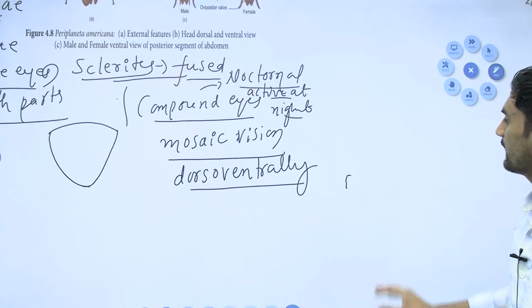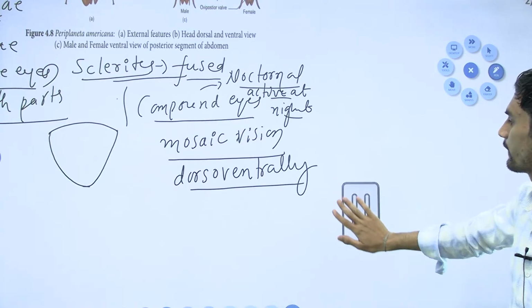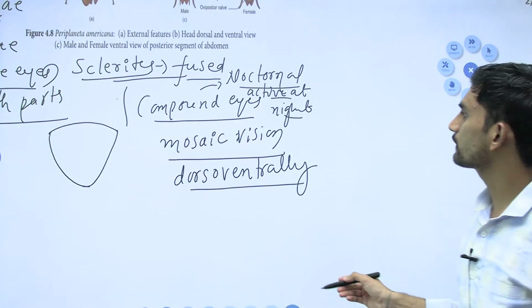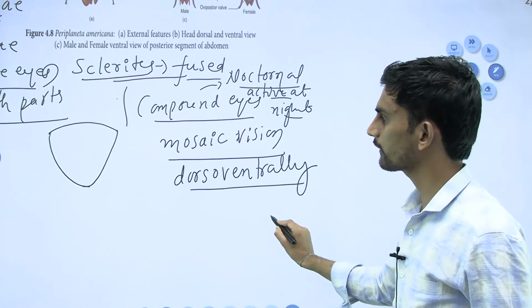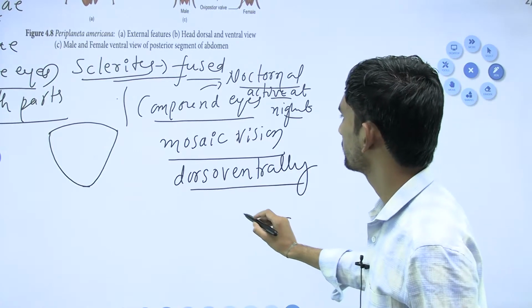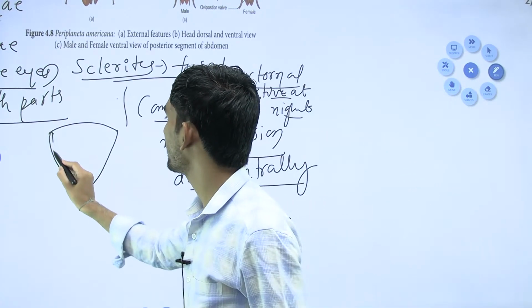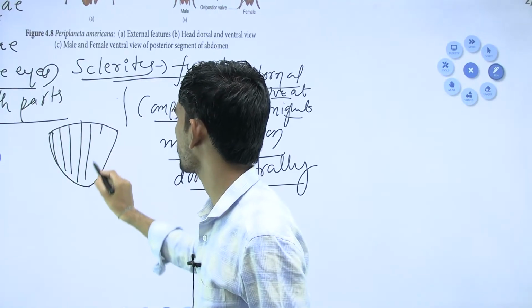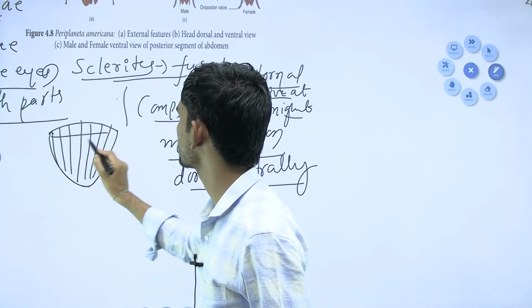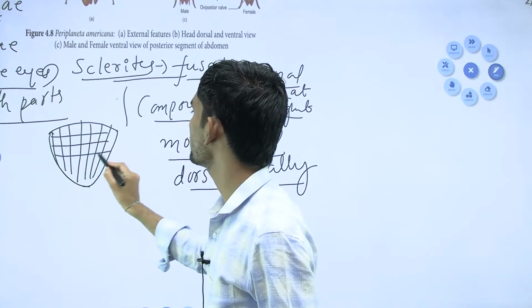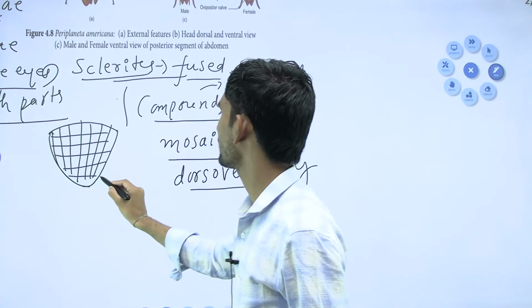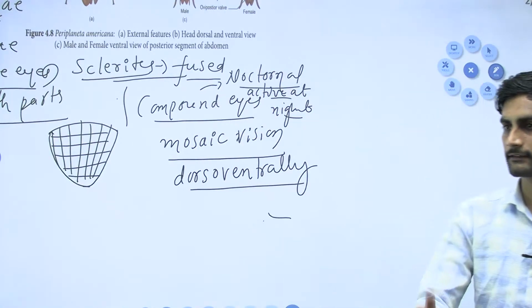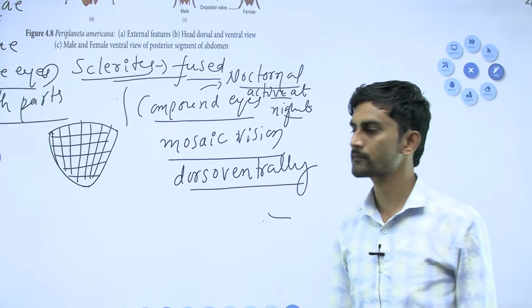After that, another very important thing you should remember. When you take a single structure of this compound eye, in this you will find small longitudinal structures like this. In each compound eye, you are finding squares like this. This is a single structure of the compound eye.